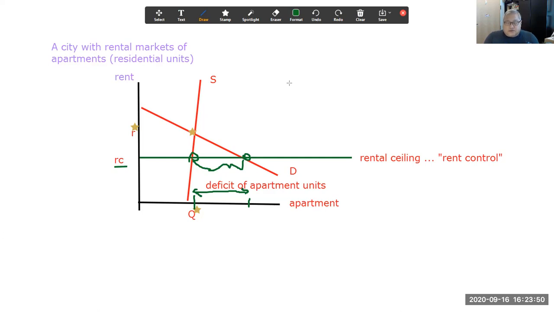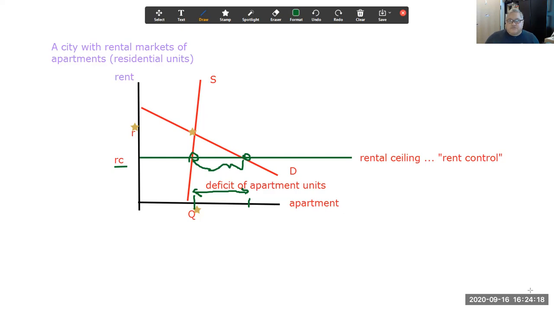So that's how the supply and demand market structure that we are creating would explain a housing shortage following a binding rent control ceiling on rent prices. And the word binding there means that the rent control is below the market equilibrium.